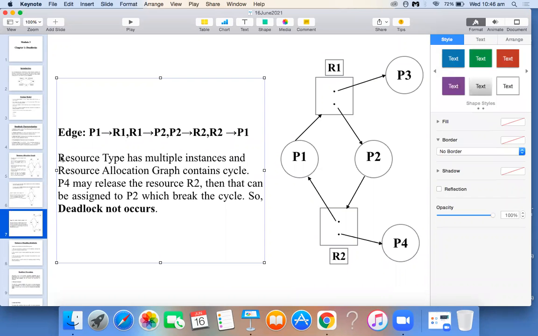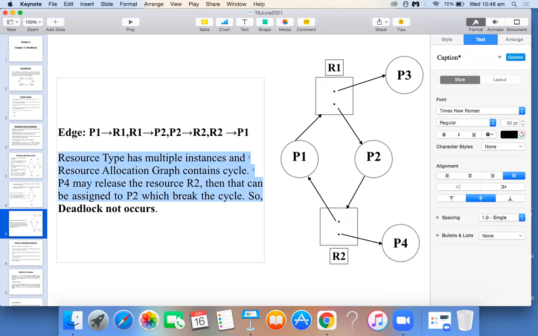That's what I have highlighted in this particular point also. So what is the point I am saying here? The resource type has multiple instances, and also the graph has a cycle. But deadlock is not occurring here. Why? Because P4 may release the resource R2 after some time.